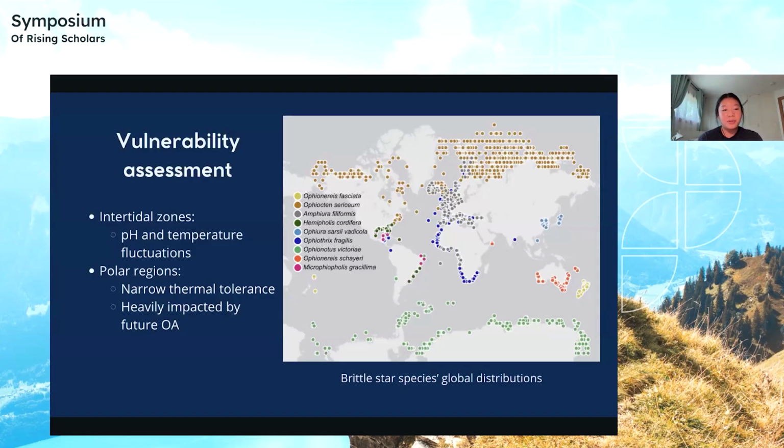Whereas polar regions, brittle stars that lived in the Arctic or the Antarctic, experienced a narrow thermal tolerance range and were generally more vulnerable, more heavily impacted by ocean acidification and warming. And these polar regions are also predicted to be more heavily impacted by future acidification.